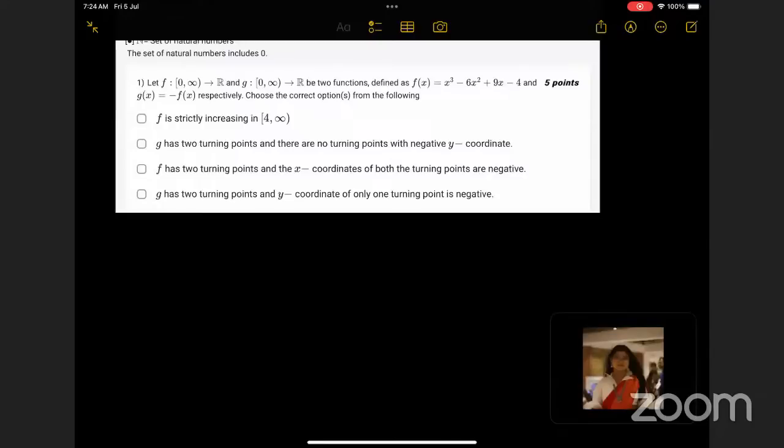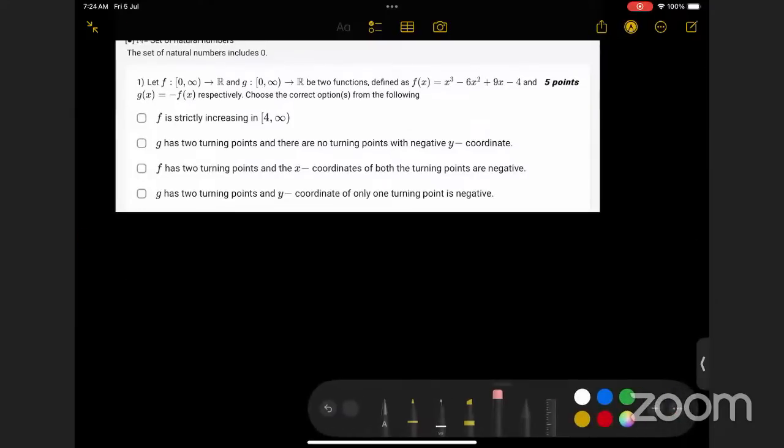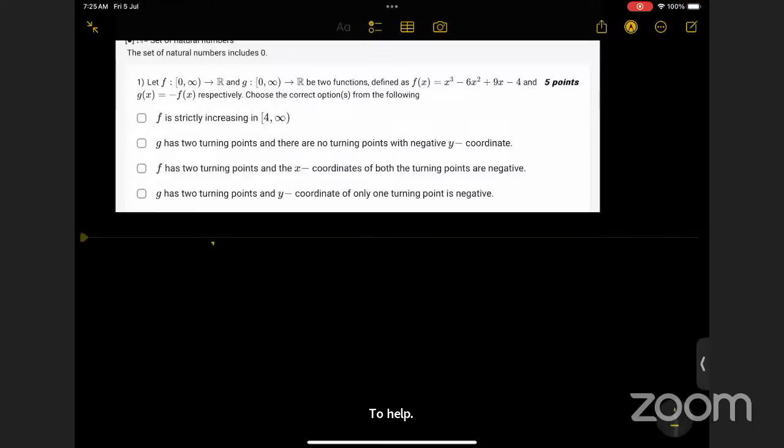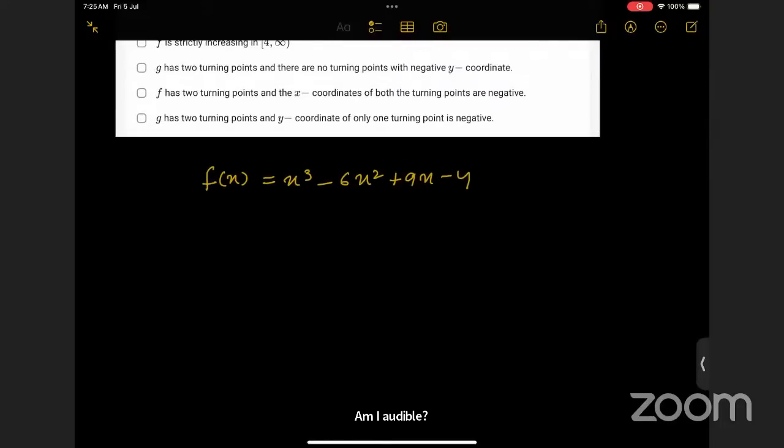So we can start now, right? So we have f(x) equals x cubed minus 6x squared plus 9x minus 4. Am I audible? Yes, ma'am.